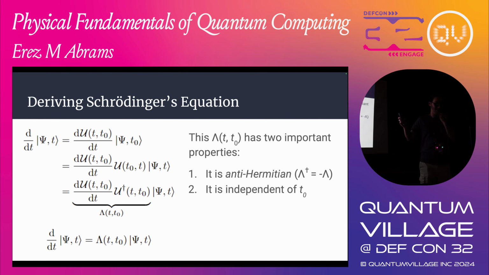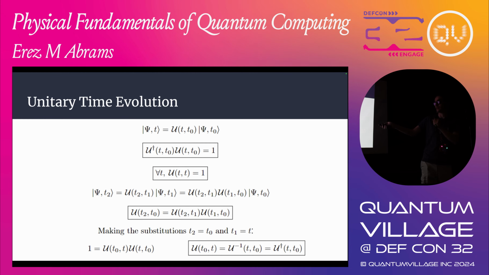Now, let's rederive Schrodinger. We're going to take a time derivative of our state psi at time t. Oh, I should explain this notation, sorry. This is the state psi at time t. This is the state psi at time 0, right? The idea being that our state might evolve with time. That seems reasonable.